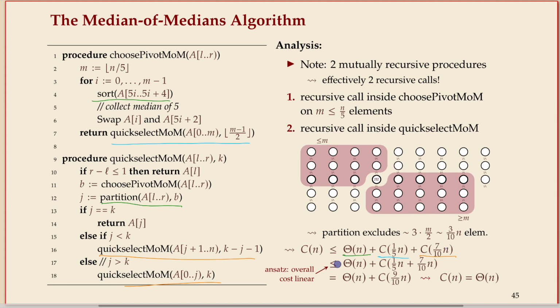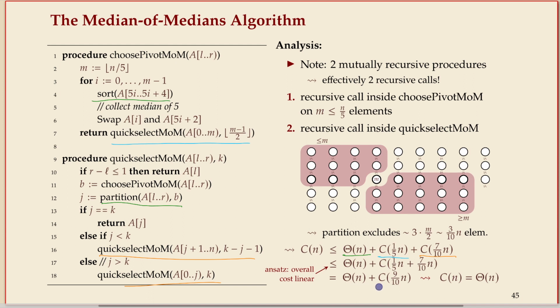And now this next step, don't do this in general. It's only true because we can make the guess and then prove it correct that the function is upper bounded by a constant times n. But with that assumption, we can pull these two together. So instead of having 2 calls on 2 parts, we do 1 call on the total size. And that can only be more expensive if we do that. And if you sum that up, we get something like this.